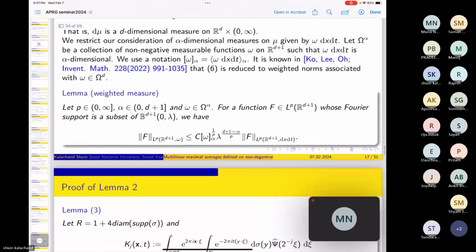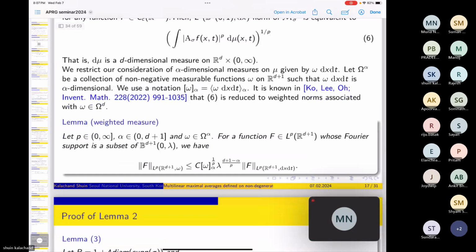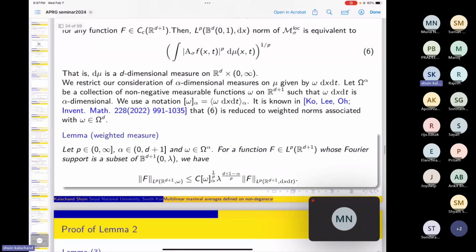This lemma is given in the paper of Herimko, Sanguk Lee, and Seuko. It was given for dimension d equals 4, but without any difficulty one can prove it for any dimension d and any alpha-dimensional measure.